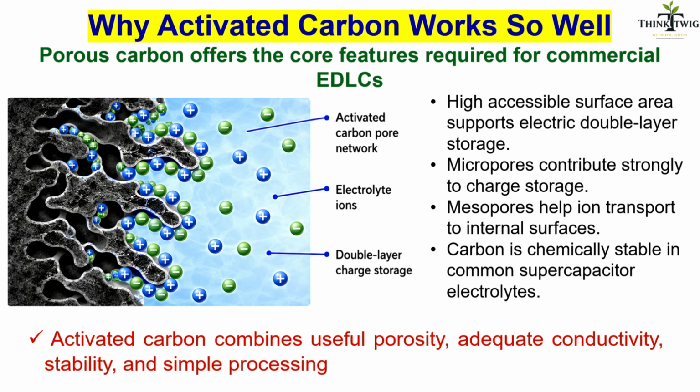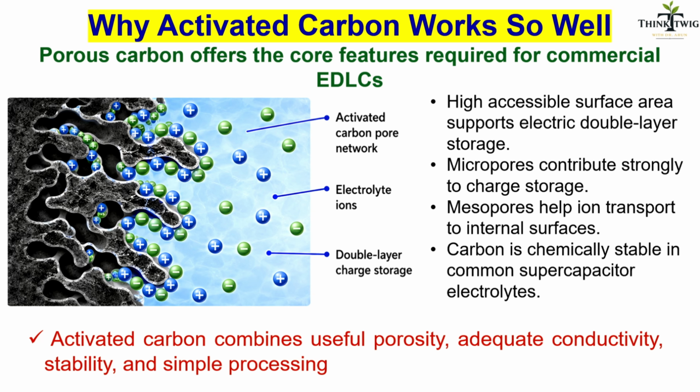So, an electrode material that stores a lot of charge once but changes significantly during repeated cycling is not enough. So activated carbon combines useful porosity, adequate conductivity, chemical stability, and relatively simple electrode processing. No single property looks surprising, but together they become very powerful.